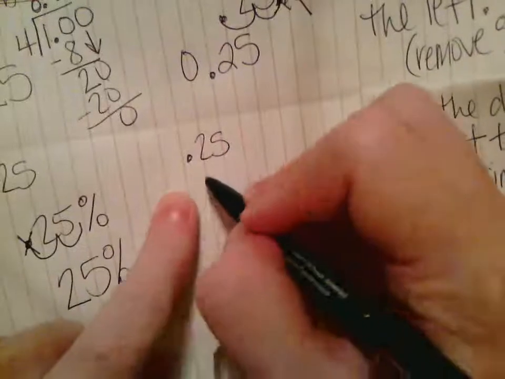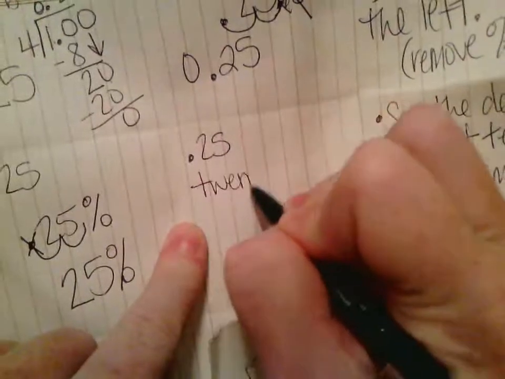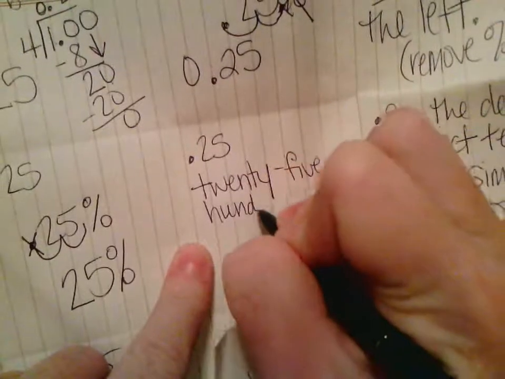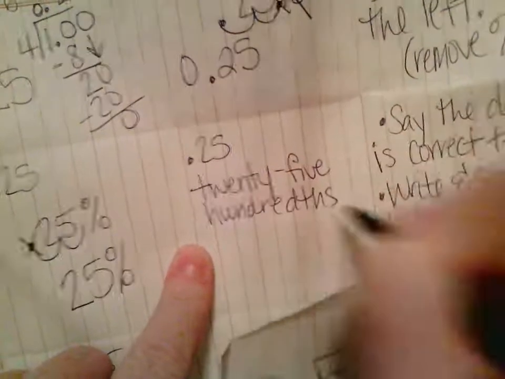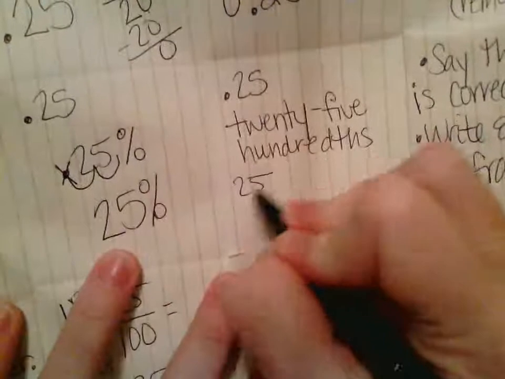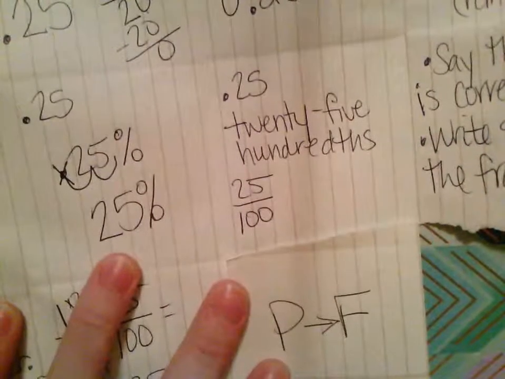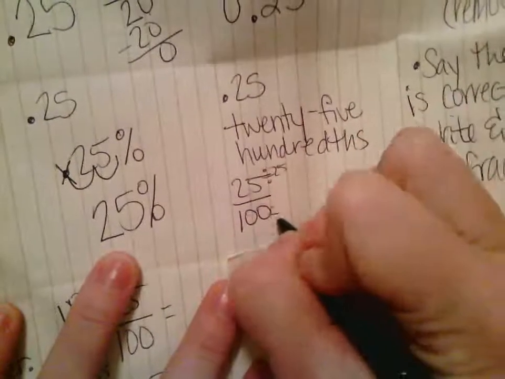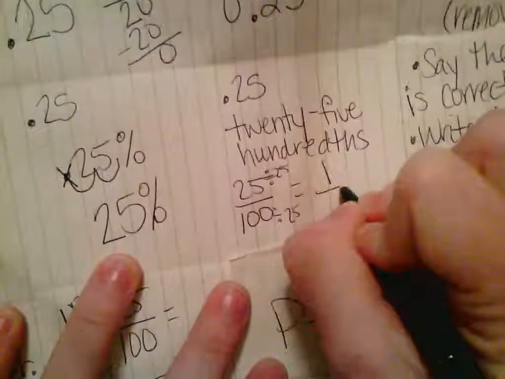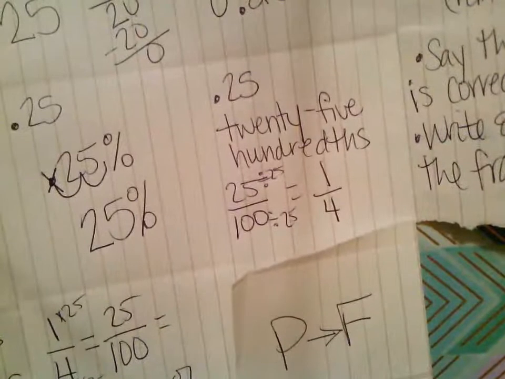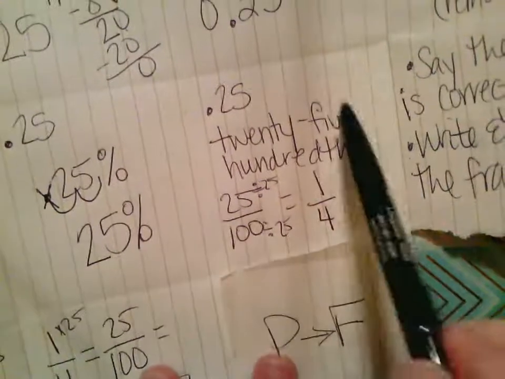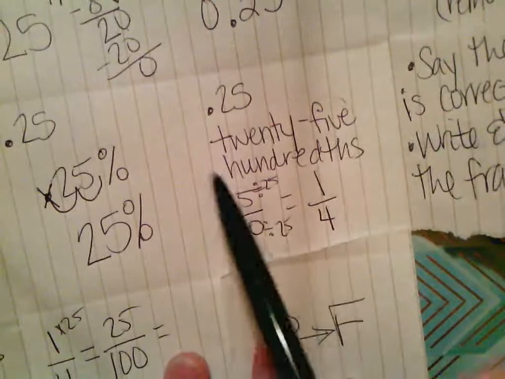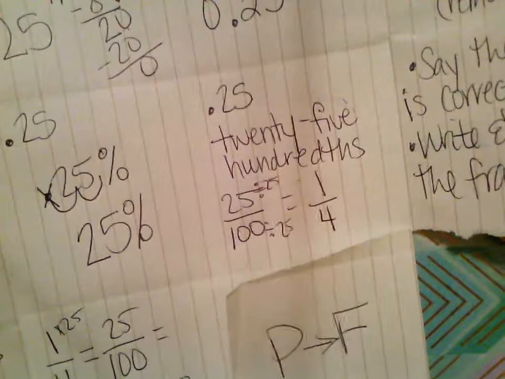This is 25 hundredths. Okay, so that's 25 hundredths. And then we always simplify fractions. So this simplifies by 25. So this is 1/4. Okay. This is your key. This is the one that people struggle with the most because they forget to say it as math terms.